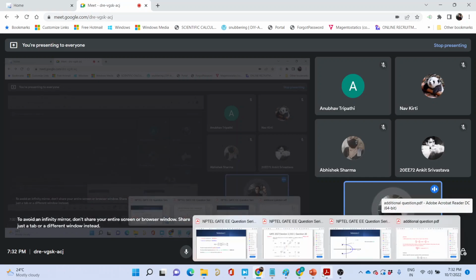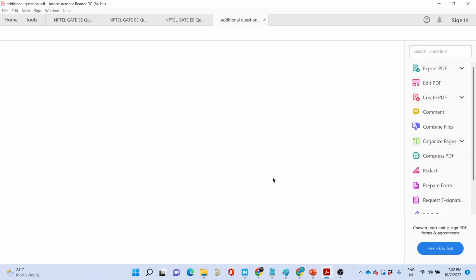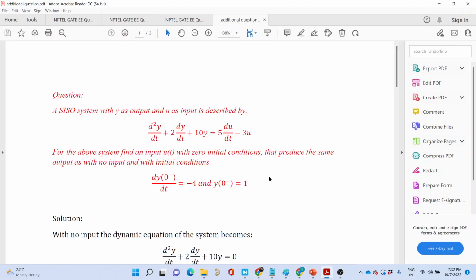So it is a lot of time. Have you found out the answer, or are you still trying? Anubhav, what is the status? I'm trying to. Navkirti, have you found out the solution? No, sir. Solving. How are you approaching it?